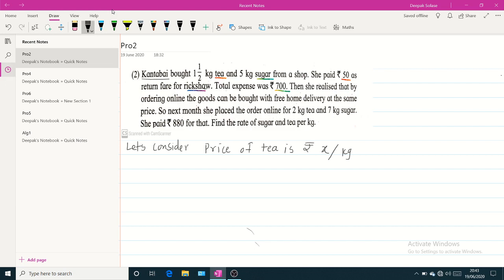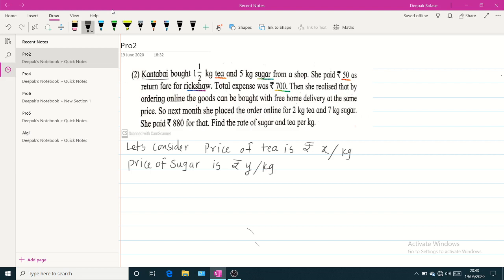So the price for 1 kg of tea is rupees x. Now for sugar, say the price of sugar is rupees y per kg.